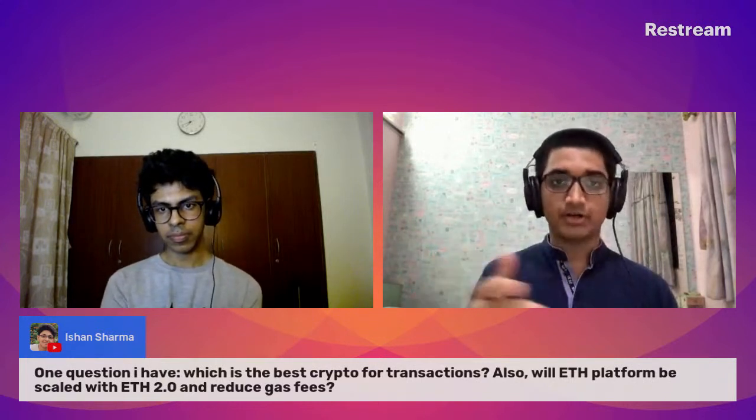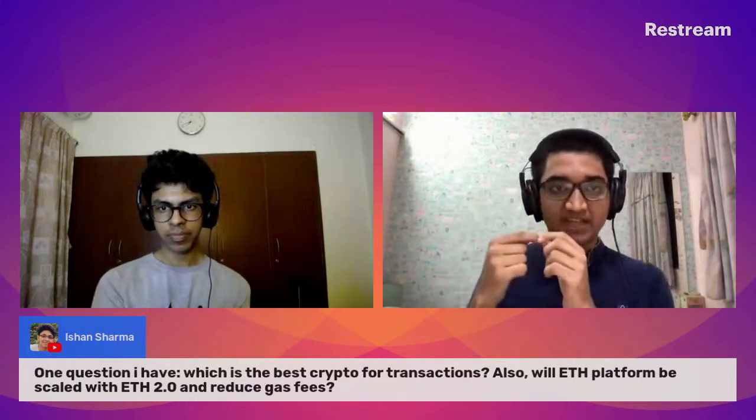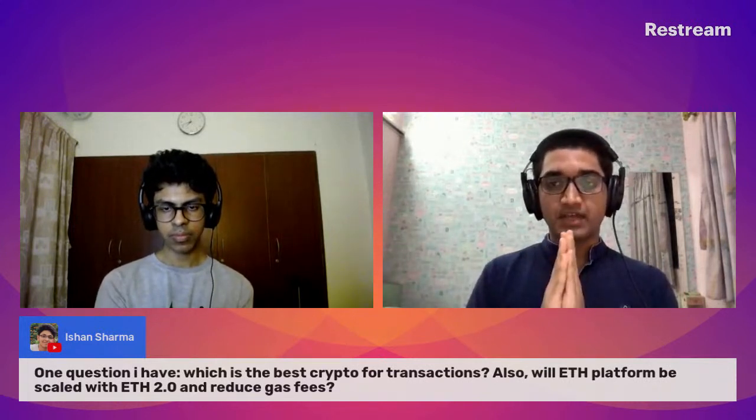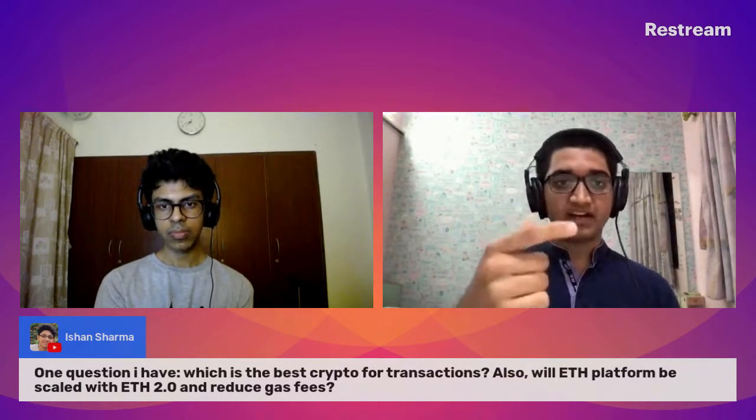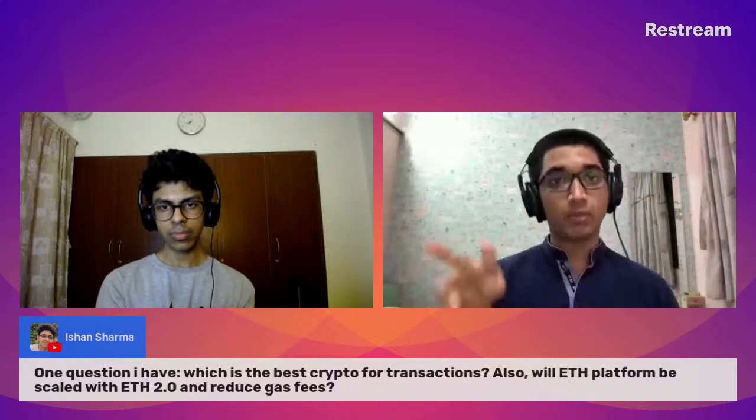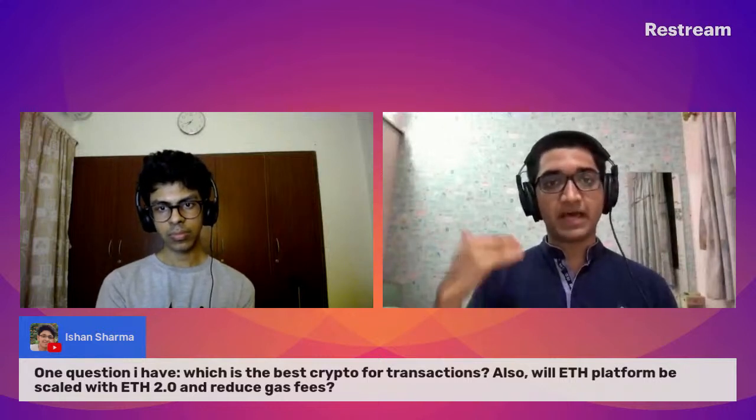The double spend attack essentially means, if I were to send Ishan 100 rupees, and at the same time I were to create a transaction like 1 millisecond later which sends Harish 100 rupees, then what can happen is, if the system is not robust enough, it might think that I have 100 rupees, that transaction goes through to Ishan and Harish, both of them get 100 rupees, and my balance goes to zero.